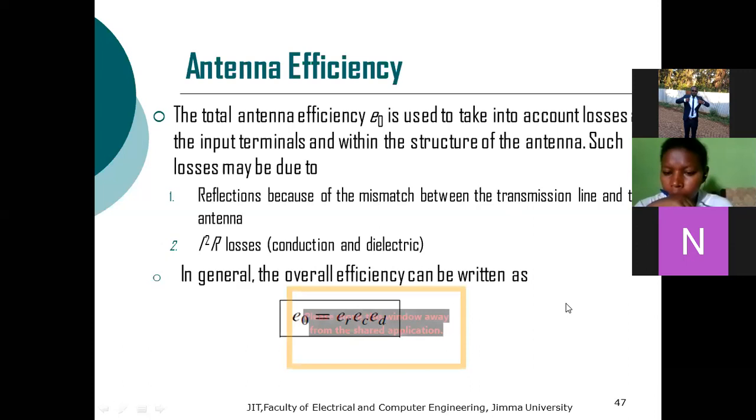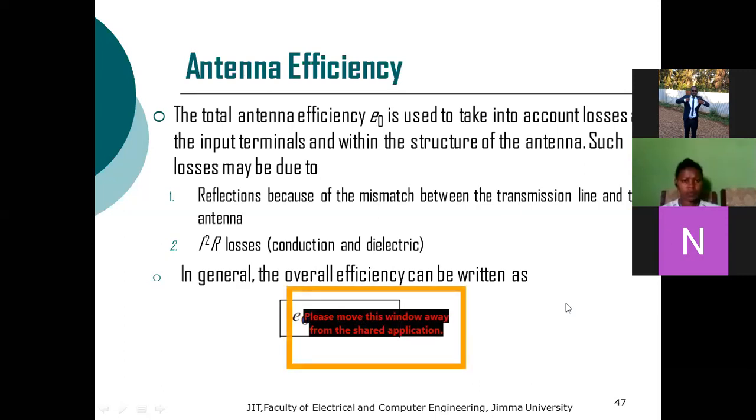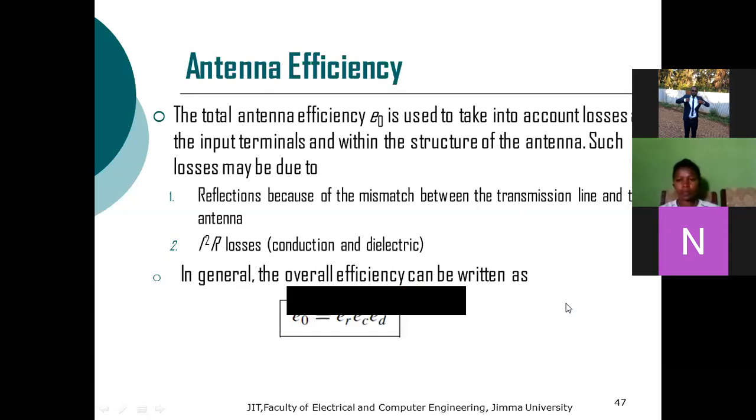In our previous formulation, we took into account the conduction and dielectric loss.